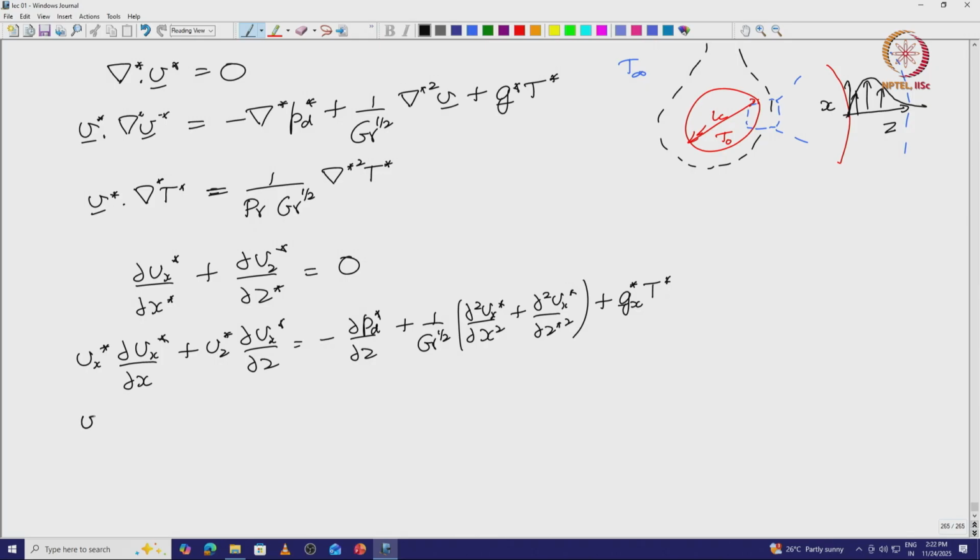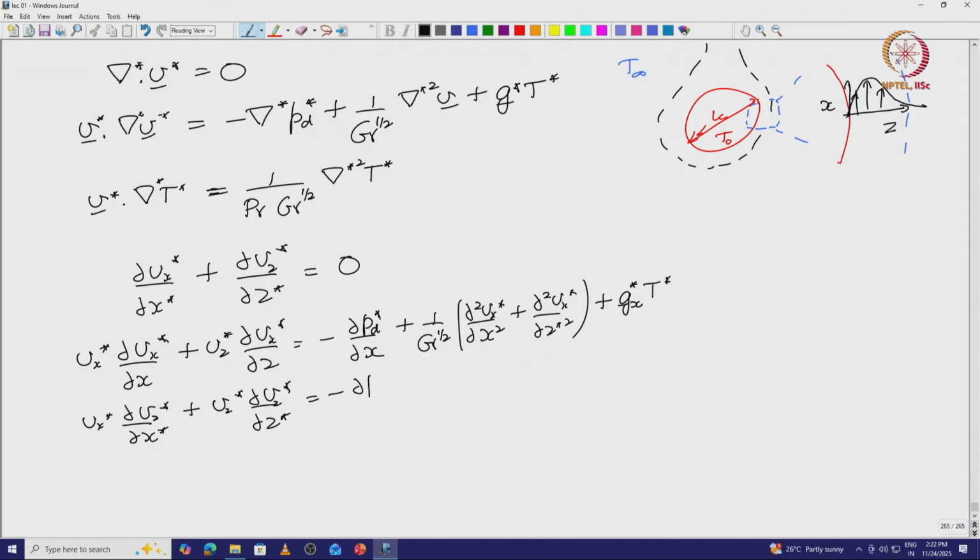Z momentum equation: Vx partial Vz by partial x plus Vz partial Vz by partial z is equal to minus, my apologies here, this should be the streamwise direction and that should be the cross stream direction.